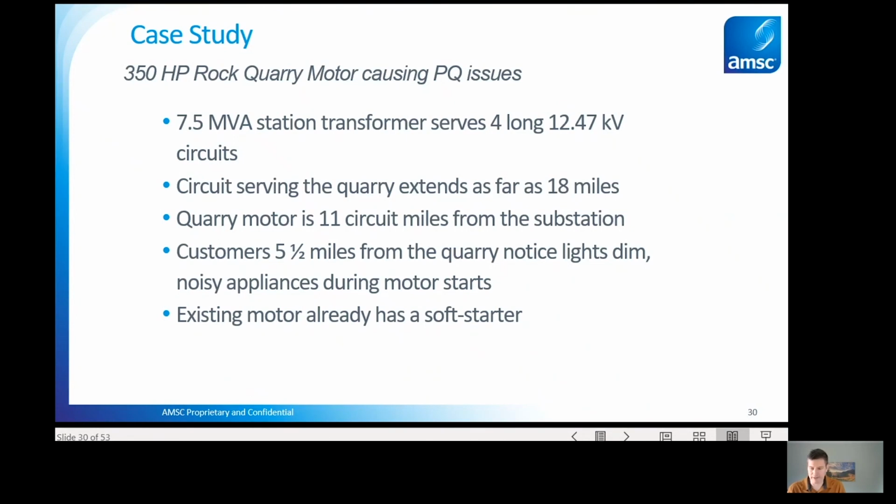One of the key points is that there already was a soft started motor at the quarry driving the conveyor systems, and the soft starter was not sufficient to address this problem. That soft starter was there for mechanical protection, and was not able to protect against the power quality problems.